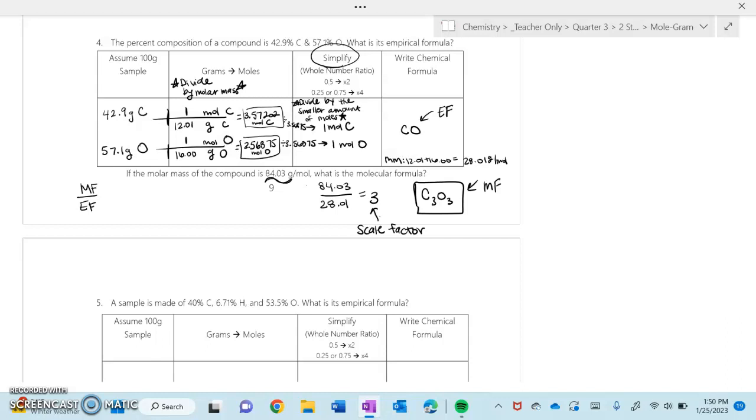If it's close enough to round, meaning it's almost a whole number, 0.00 something or 0.999 something, then you can round to that whole number. If not, then we'll do a couple of little tricks that are listed here in our simplify box. But we did not need to do that in this case, and you got your reduced empirical formula. Find its molar mass and see if there's a scale factor to the molar mass of the compound to find its molecular formula.